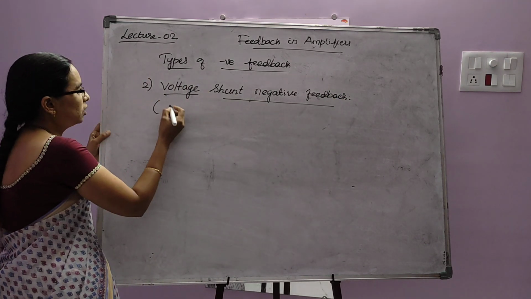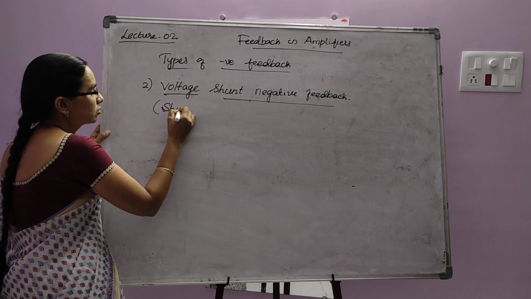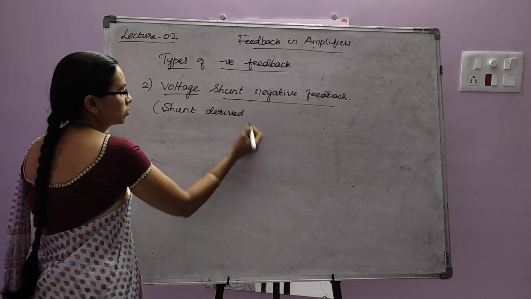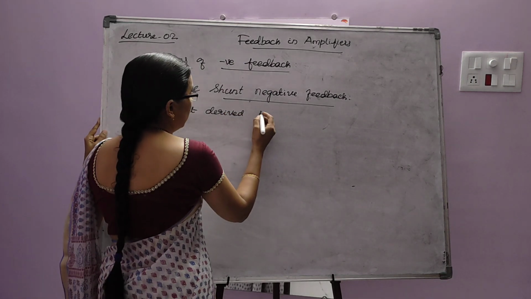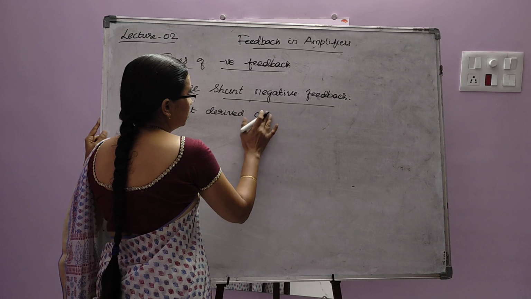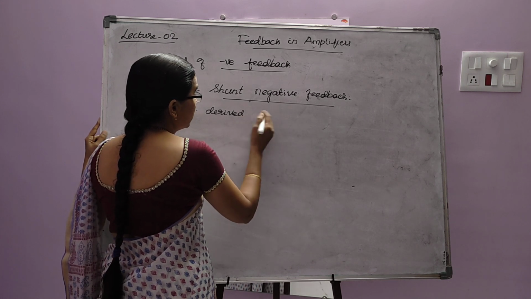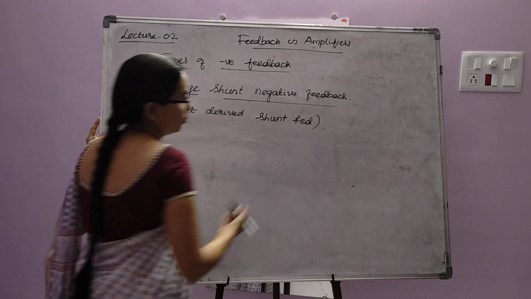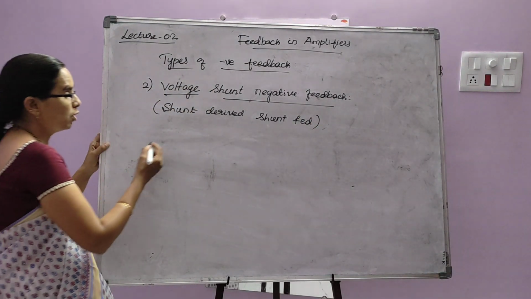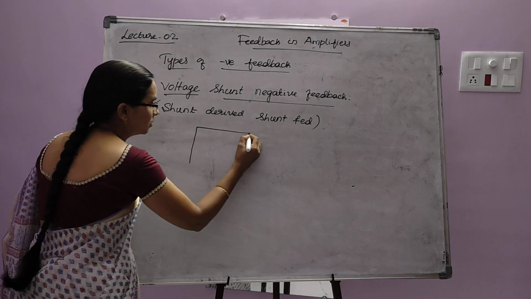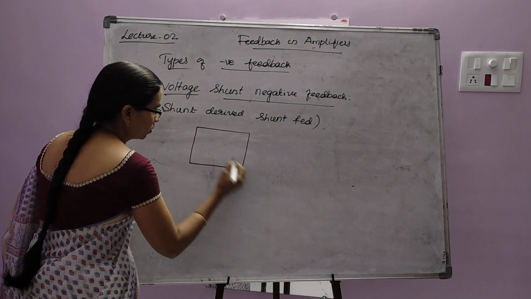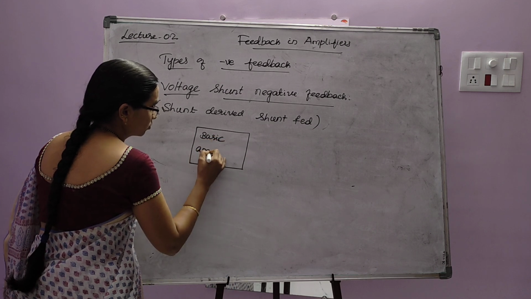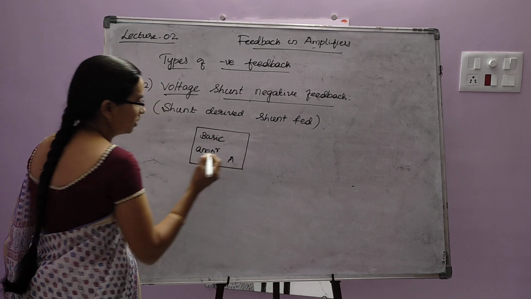It is also called shunt derived shunt fed negative feedback. The block diagram of this looks like this. This is a basic amplifier which has a gain A.